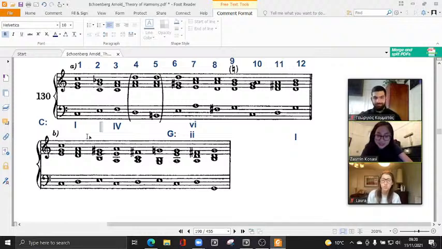If you can elaborate on that, Laura, how would you describe a non-diatonic chord? Why is this chord non-diatonic? What makes it non-diatonic? The B flat, exactly. The B flat, and why is that? Because it's not part of the notes in the chord.